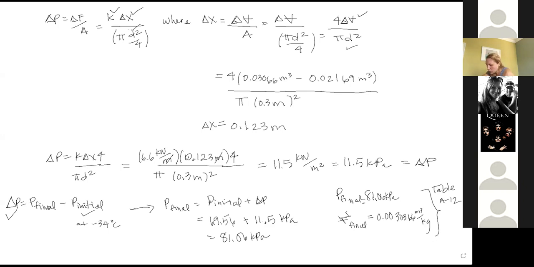So if we go to 81.06 kilopascal, I'm going to say that this is about 80 kilopascal because I don't want to do interpolation right now and they're very close. And so therefore my temperature is negative 31.13 degrees Celsius.